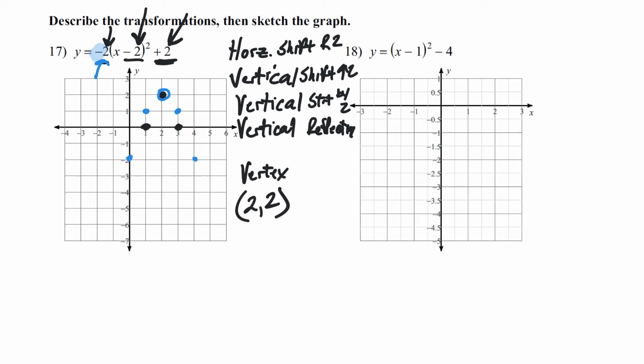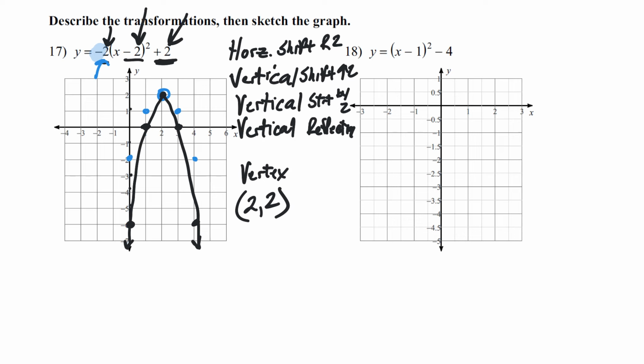It makes it double what it normally does. So instead of going down 1, 2, 3, 4, we will go down 5, 6, 7, 8. And then we will have the same reflection on the other side. So we were able to name all of these things and sketch a graph without going to the calculator. I'm not telling you you can't go to the calculator, but just showing you that we don't need it.